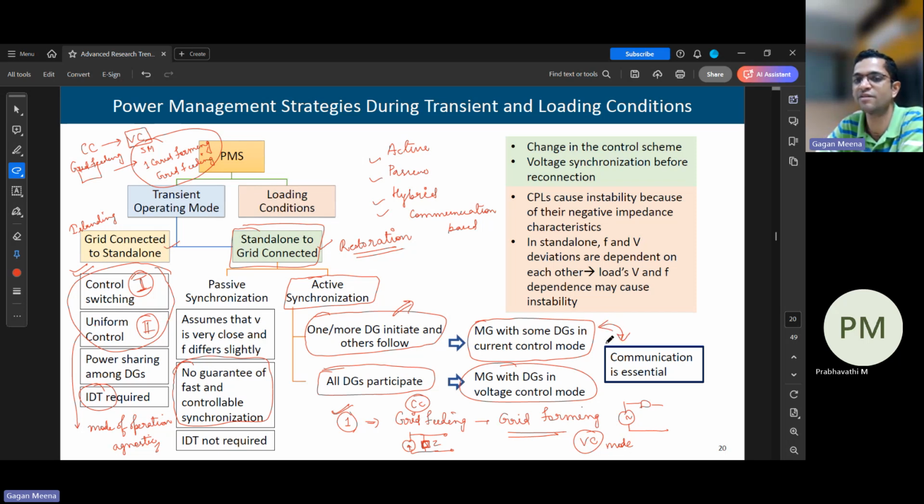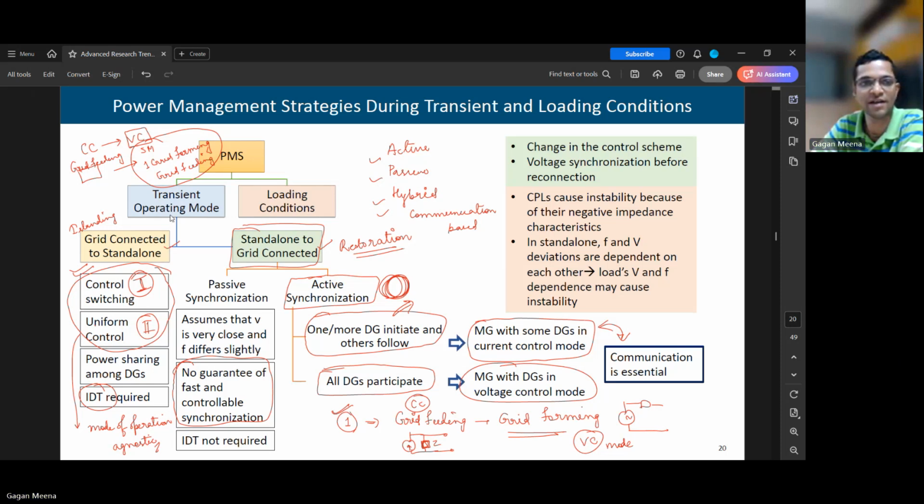So in this case, communication is a very important thing. Communication is required between the main grid and the microgrid. To control, the microgrid control center has to have good communication with the distributed generators.